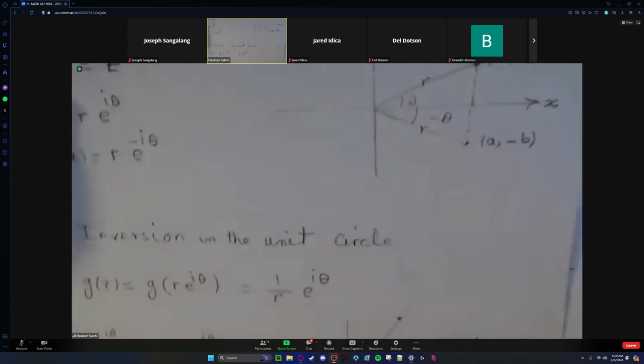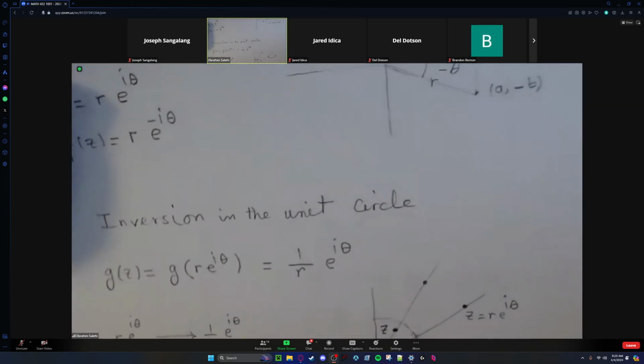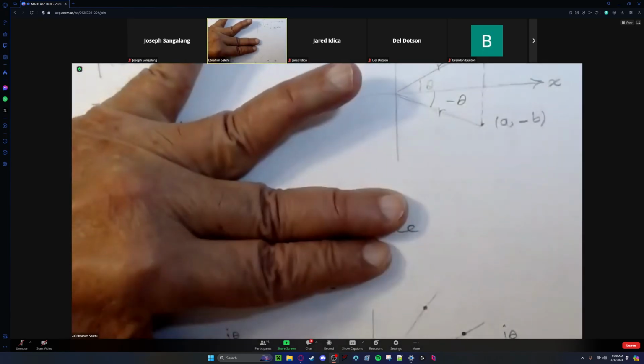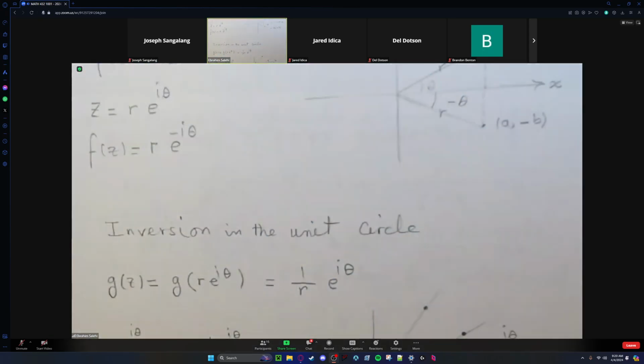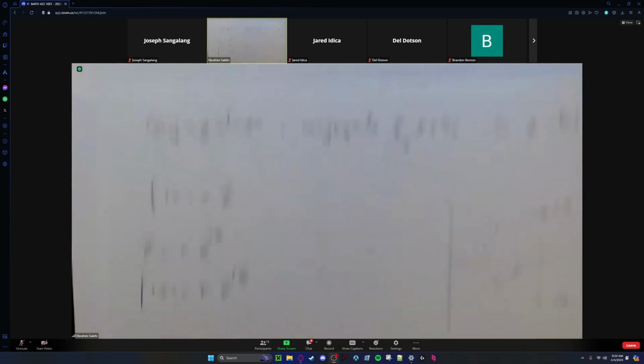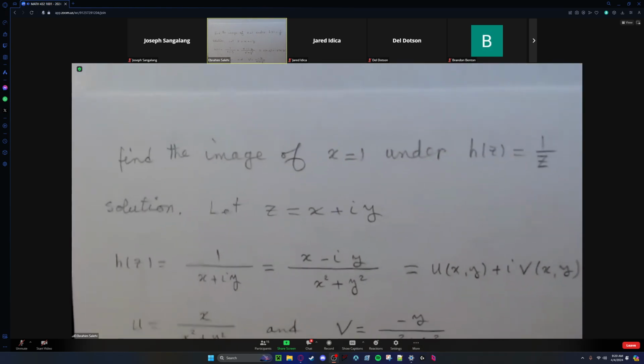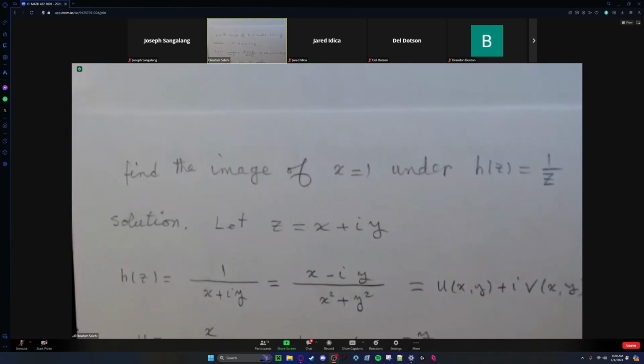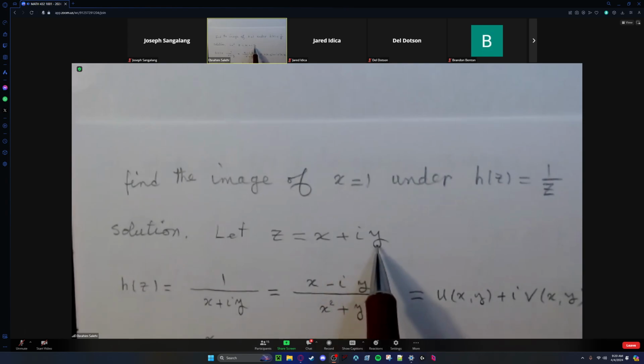Now, this is good by, as I said, usually this is what we do. We use the polar format to get some ideas, some facts, some observations. And then we use z equals x plus iy to get more observations.